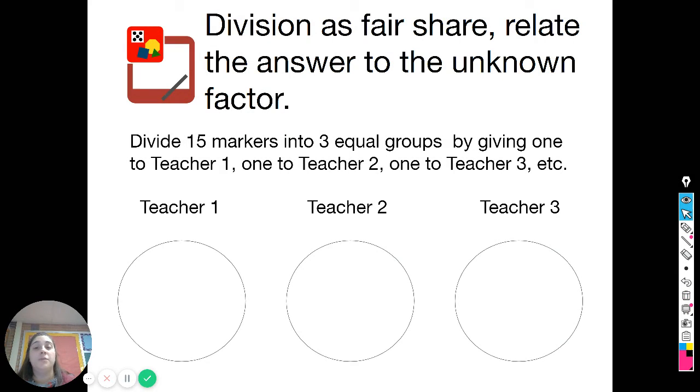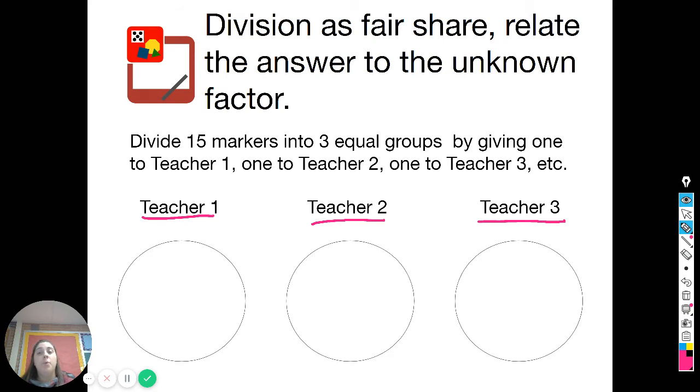So let's divide those 15 markers into 3 equal groups by giving 1 to teacher 1, 1 to teacher 2, 1 to teacher 3, and then you'll start over and give another 1 to teacher 1, another marker to teacher 2, another marker to teacher 3, and you're going to keep going one at a time until you fairly share all 15 markers.